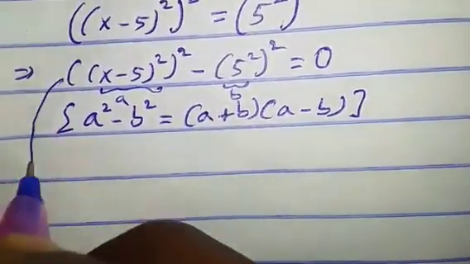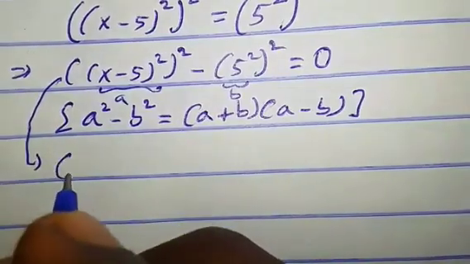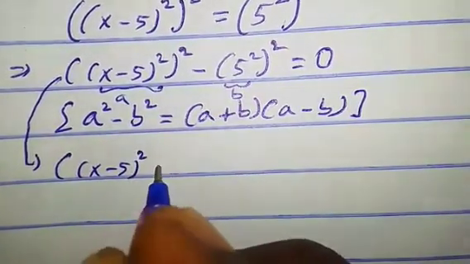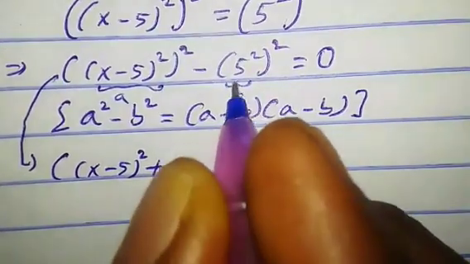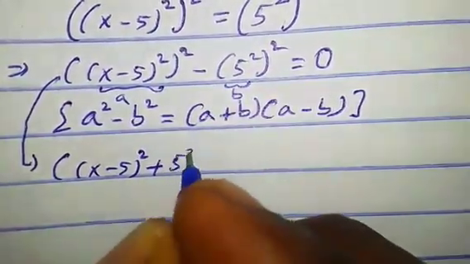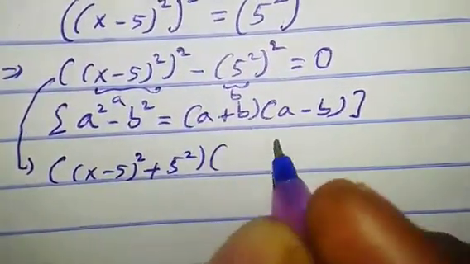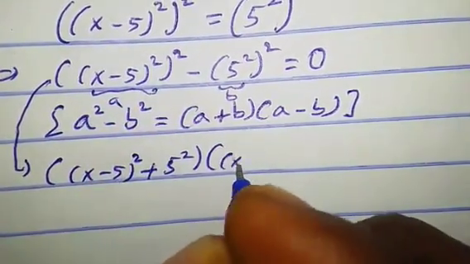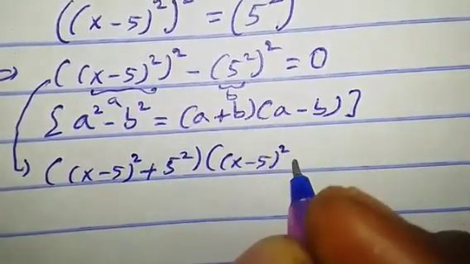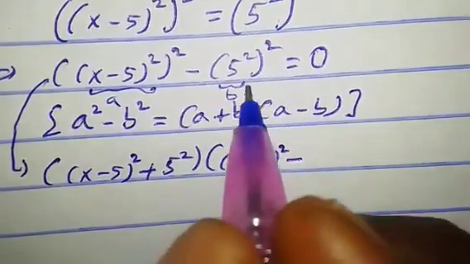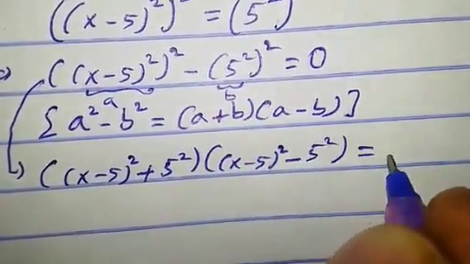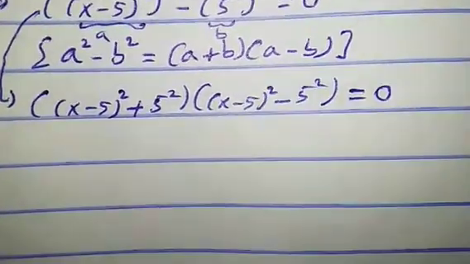That means from this line we are going to have ((x − 5)^2 + 5^2) times ((x − 5)^2 − 5^2), everything equal to 0.